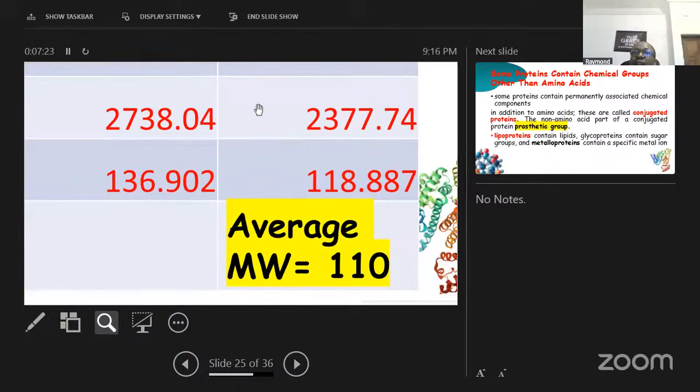How did we get to 110? Why did we accept 110?